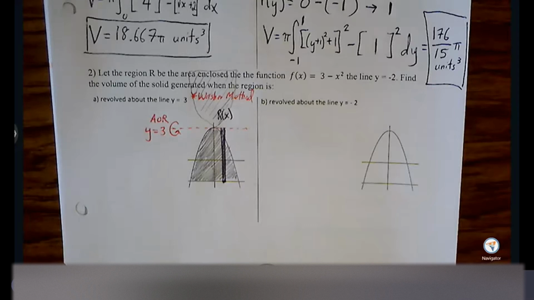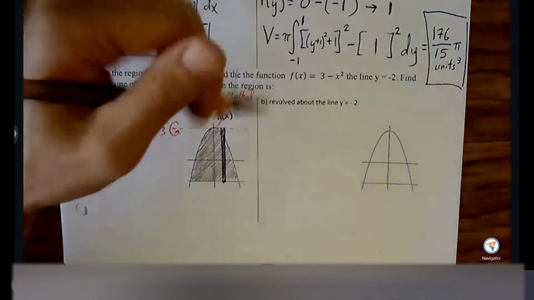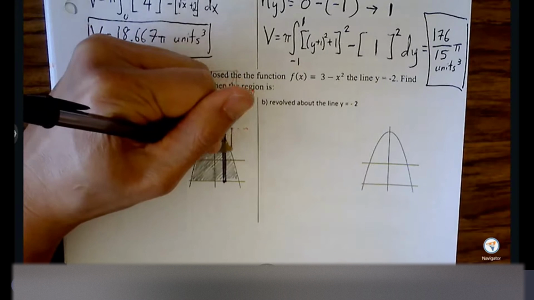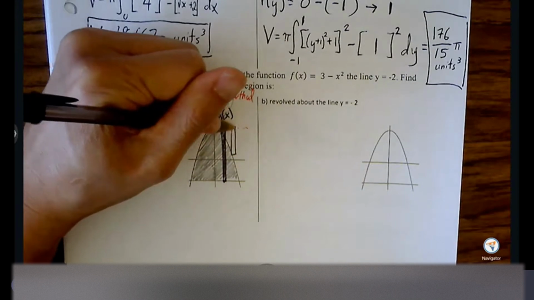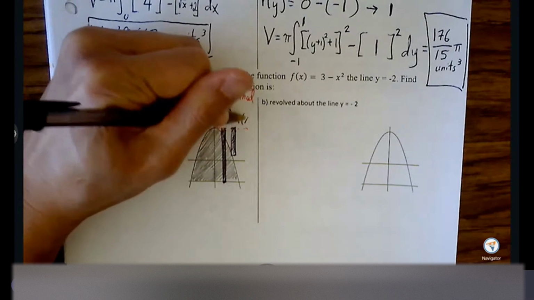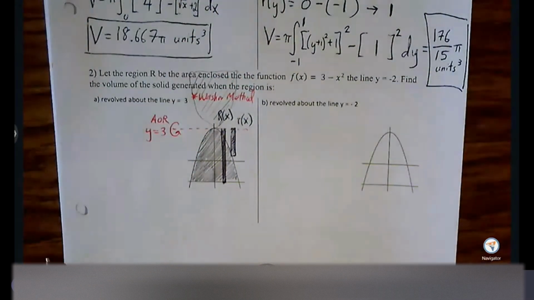All right, we need to draw a second radius because we're dealing with washer method. So again, start at the same point, start on the axis. Now we're going to move to the closer of the 2 boundaries, so here.